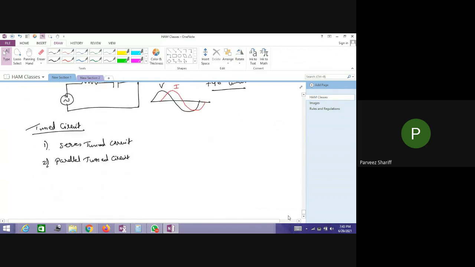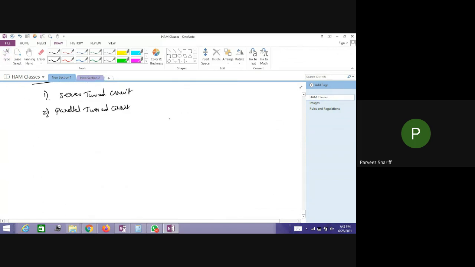Now, if you draw both of these graphs onto a single graph, this is the capacitance, and this is the inductance. This is the point where they meet. It means this is the point where XL is equal to XC. That is called the resonant frequency point. If this x-axis is frequency, then this is the resonant frequency point f naught, and this axis we can call the reactance.